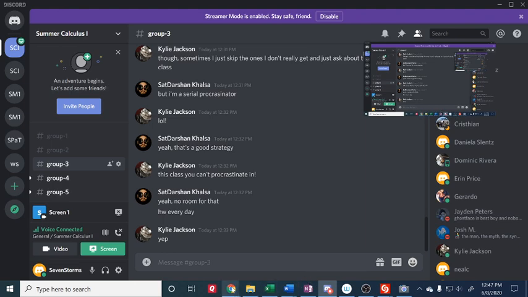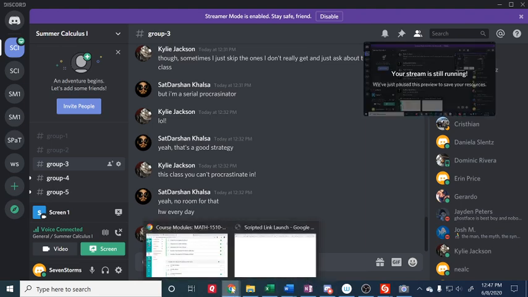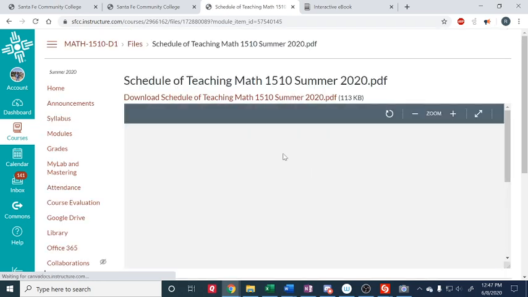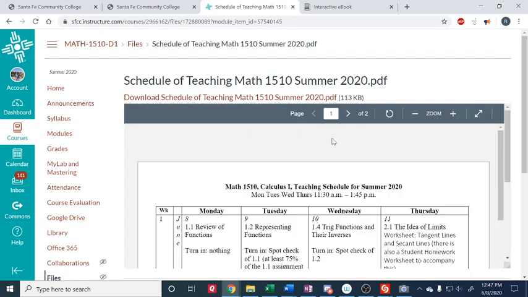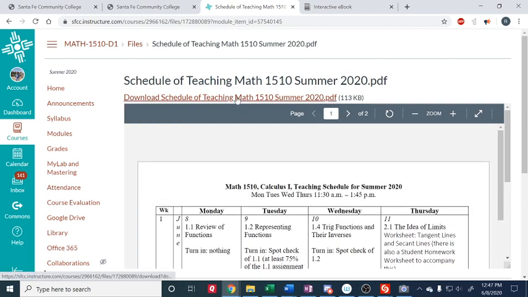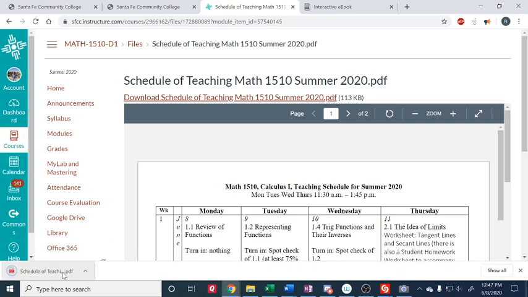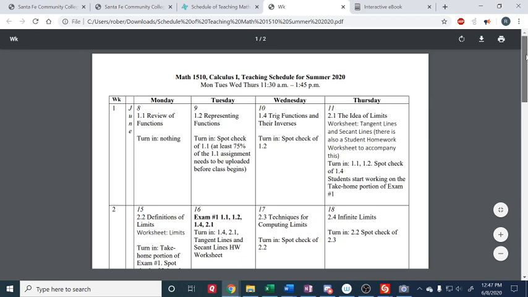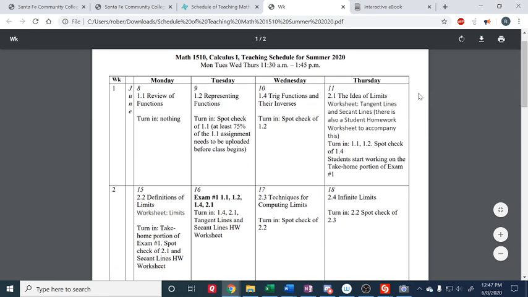All right, we'll start up again now. And so I'm going to answer the question about when turning stuff in, when's the latest. So I uploaded a PDF of the latest, and if you click on download and then you open it up, you would get something looking like this, our schedule.